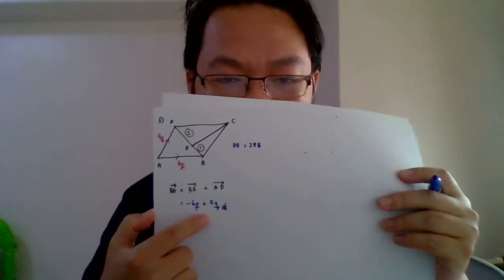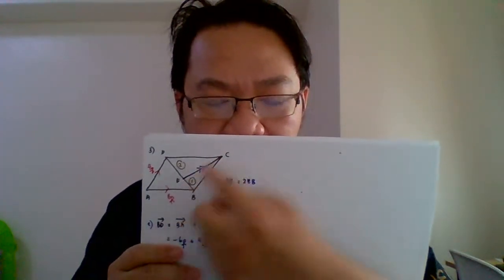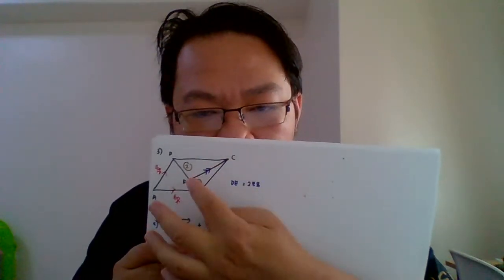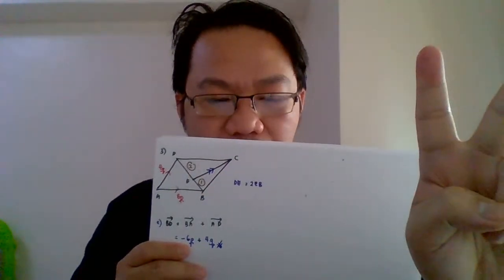Very easy. Second, we are talking about how to find EC. The second question is to find EC. How do we find EC? If you look at the diagram, there are 2 ways to solve the problem.